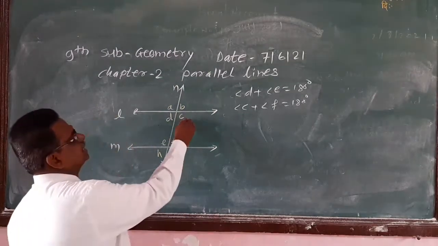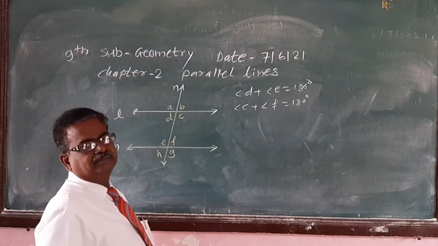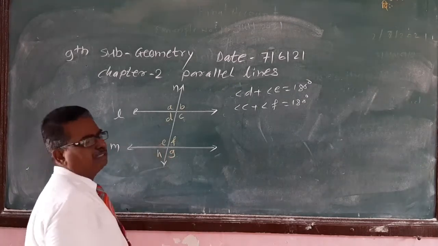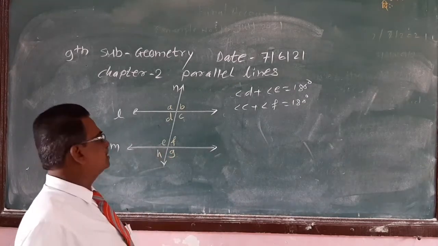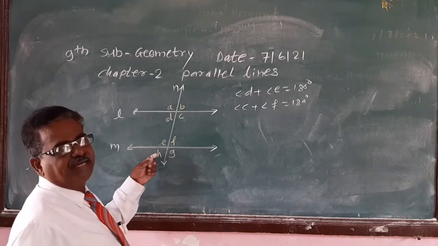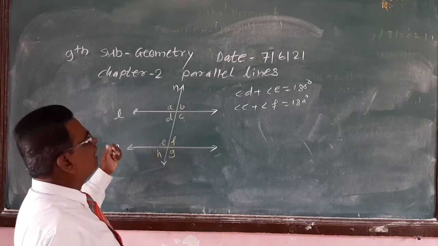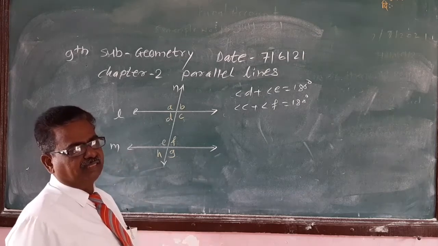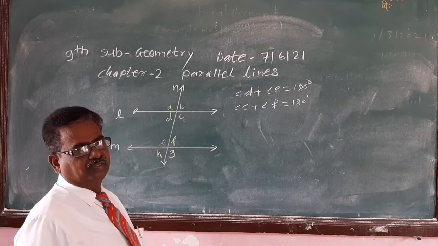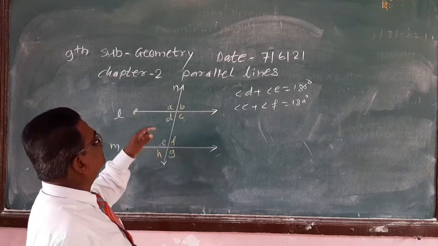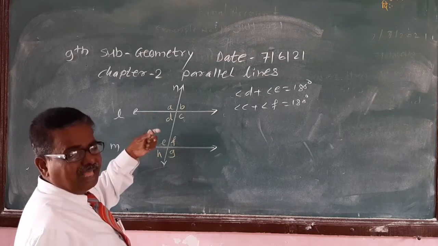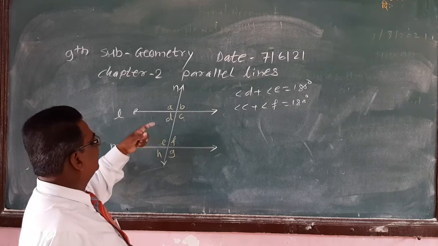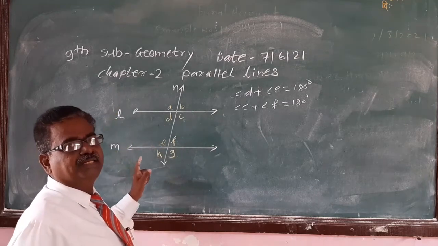Means if C plus F is less than 180 or D plus E is less than 180, then line L and line M should intersect each other. Or if it is greater than 180, then they will intersect each other.